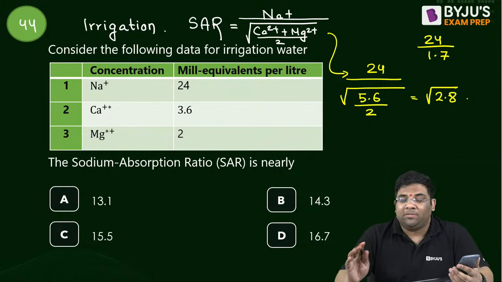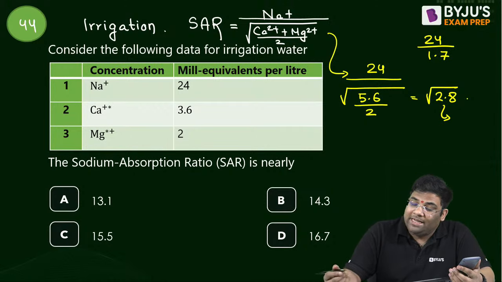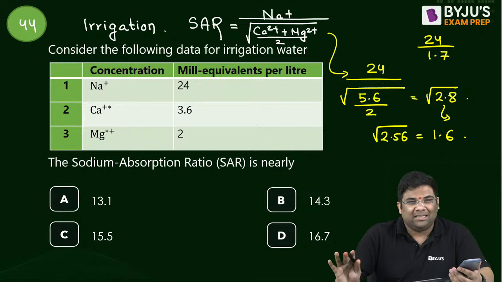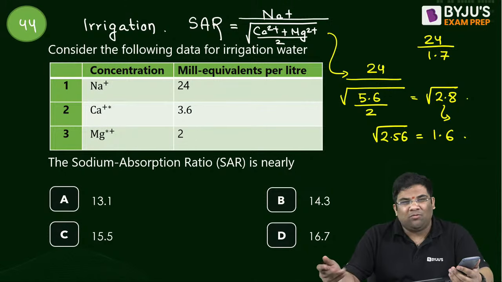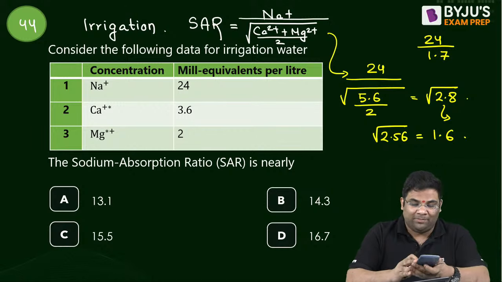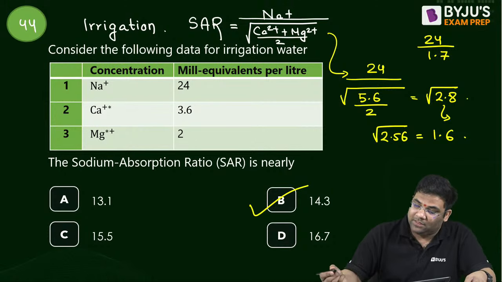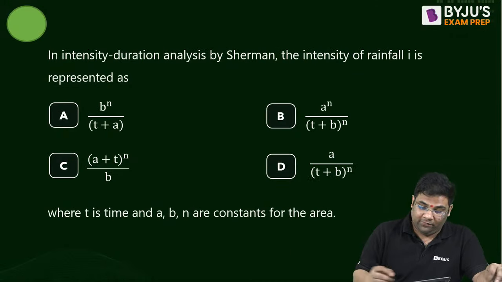You see, square root of 2.56 is 1.6, right? So obviously square root of 2.8 will be somewhere around 1.7. So you can do such approximations to get the answers. So the answer is this. Understood? Next question, 45th question.